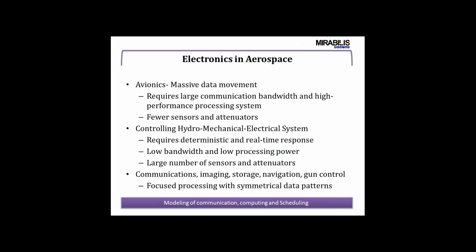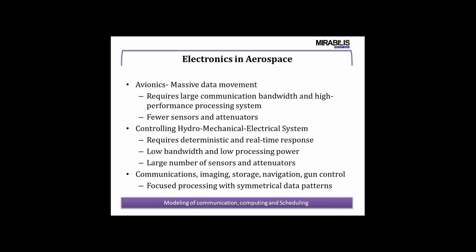Now, looking at electronics in aerospace, there are really three types. There's the avionics, which is the massive data movement, requires large communication bandwidth and high performance processing systems. The second one is how to control the electrical and mechanical systems, which doesn't require a lot of processing, it's low bandwidth, but requires very deterministic and real-time responses.